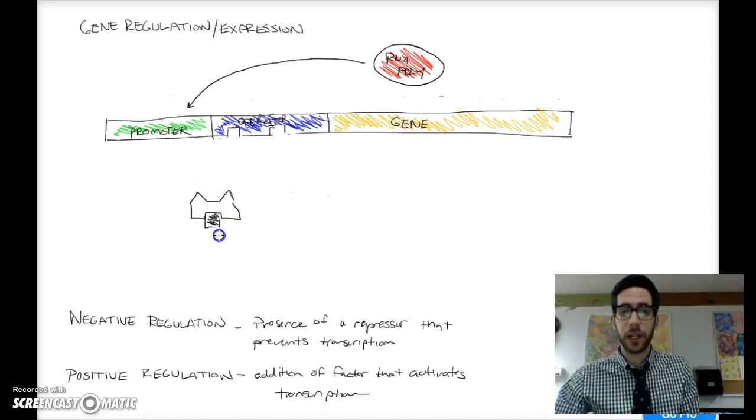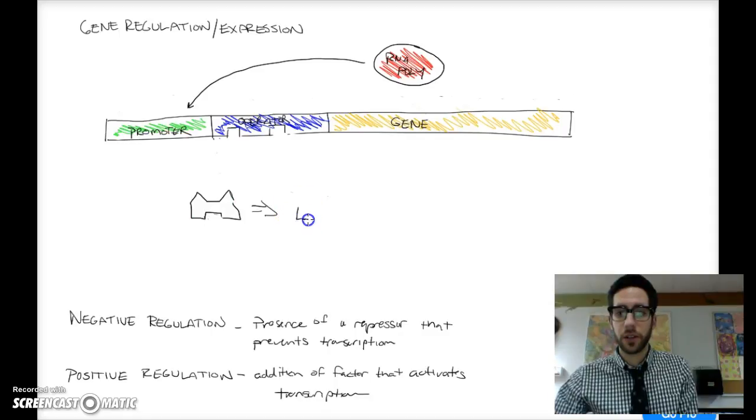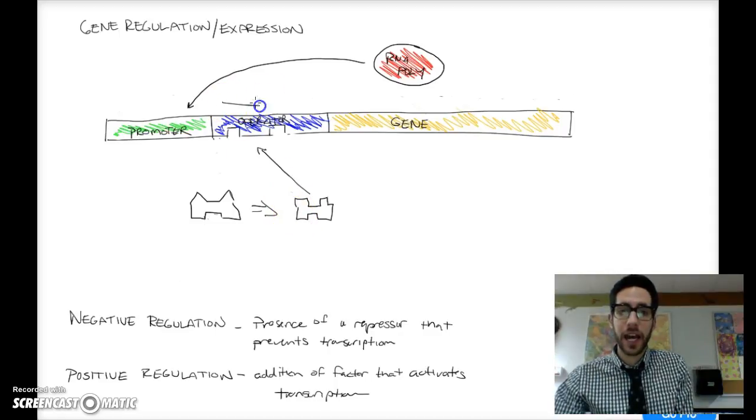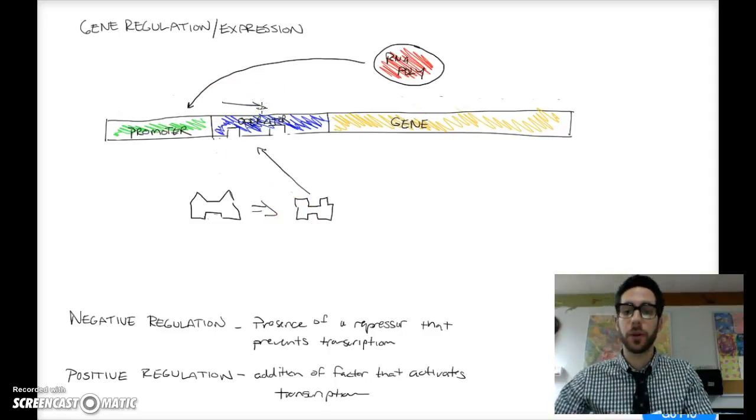But let's assume that for one reason or another, you are not getting that particular protein. When you remove that activator there, this will conformationally change into, sorry about the drawing here, something that would be able to bind here. And when it binds, that activates the process moving forward.